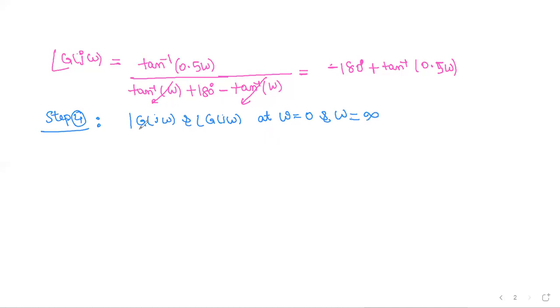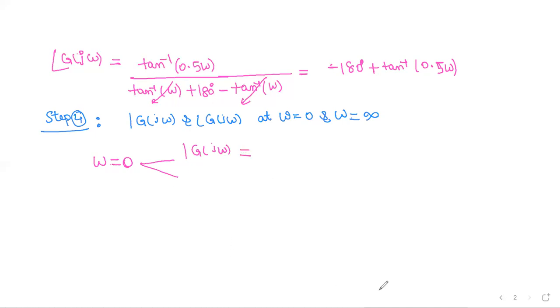So let us see how to find those two values. If omega equal to 0, what is the value of the magnitude, modulus g of j omega?